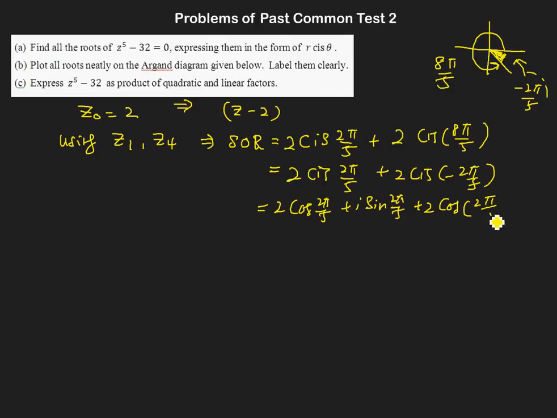Remember that cos of negative t is just cos t, and sine of negative t is negative sine t, so you have minus 2i sine 2 pi over 5.